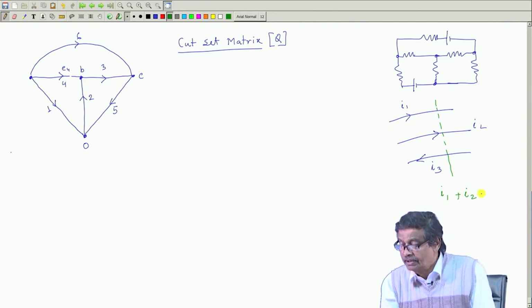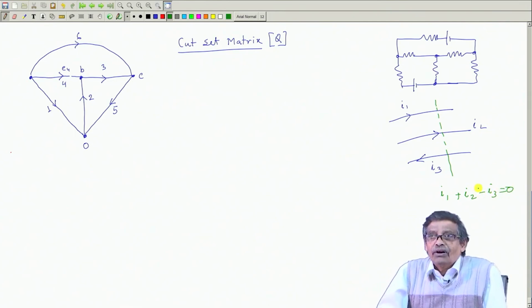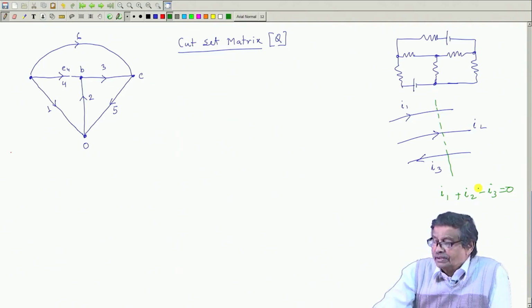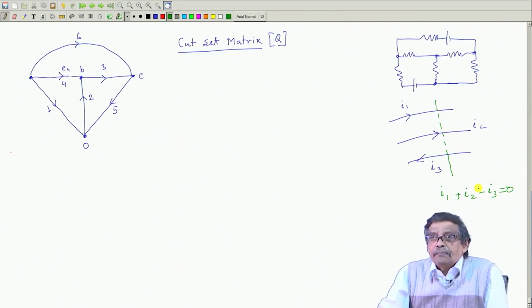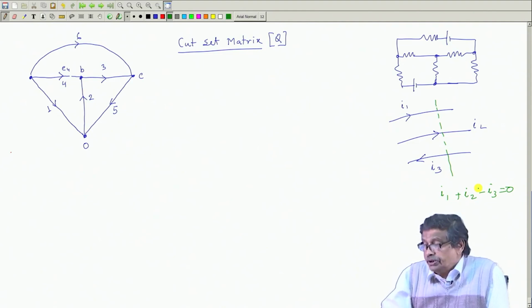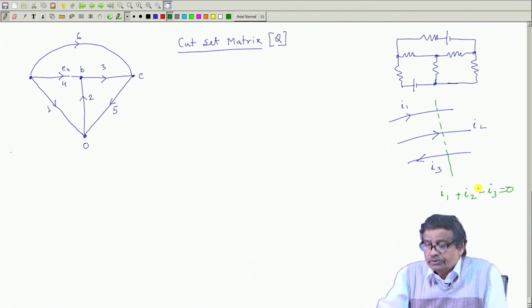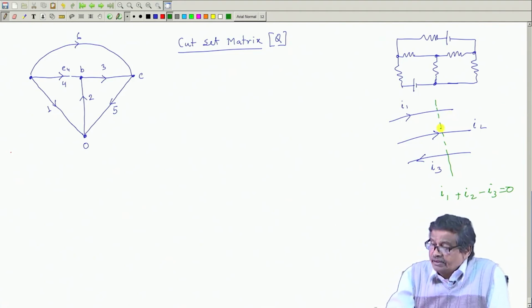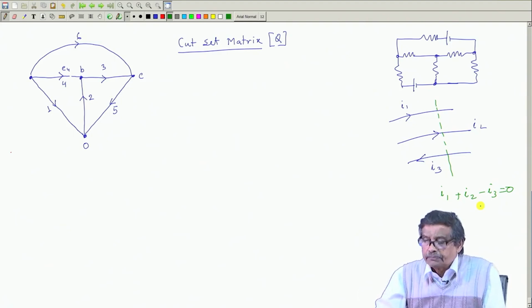So, I 1 plus I 2, and then minus I 3, this will also be 0. So, currents crossing a line, summed up with due regard to their sign, left to right or right to left, whatever it is, will also add up to 0. Is there a junction here? No, not a junction, but still this is called KCL in a broader perspective.